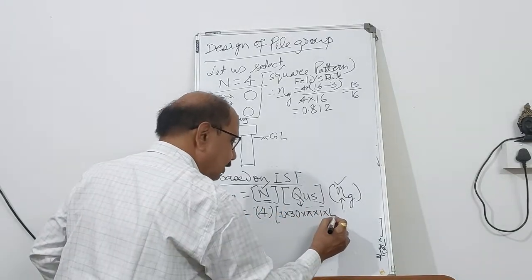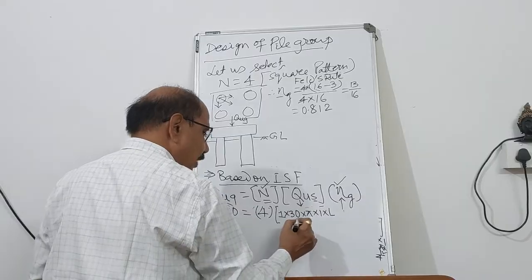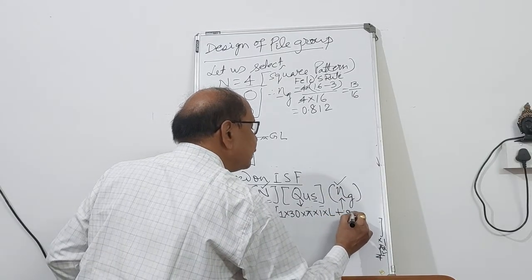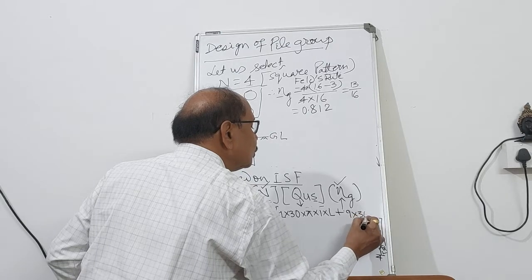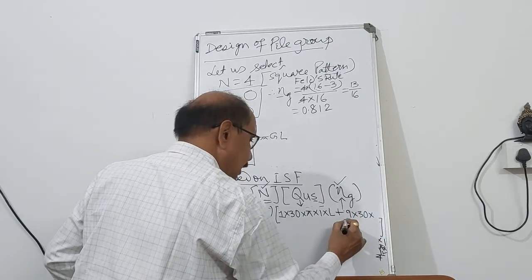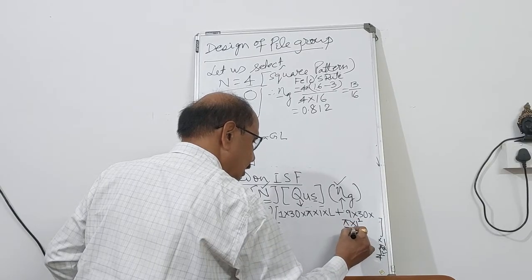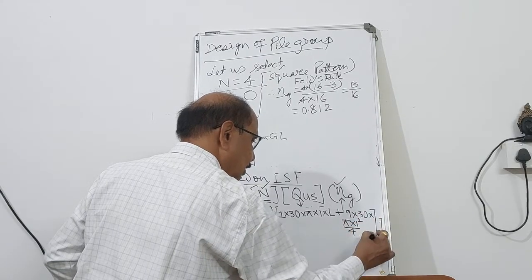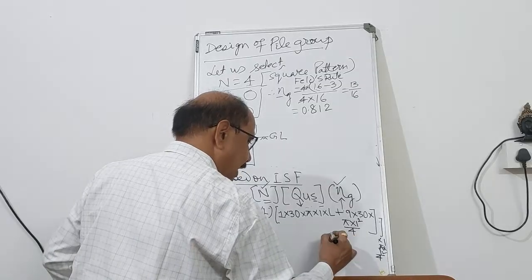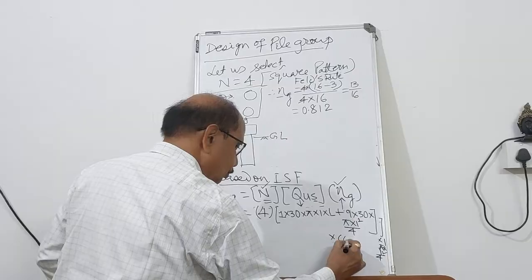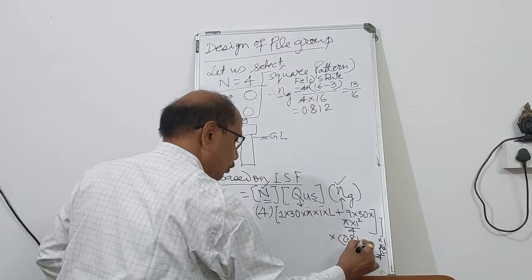That we will have to find out. The required length L: pi d L plus 9 times Cu multiplied by pi d square by 4, whole multiplied by the group efficiency factor, which is 0.812.